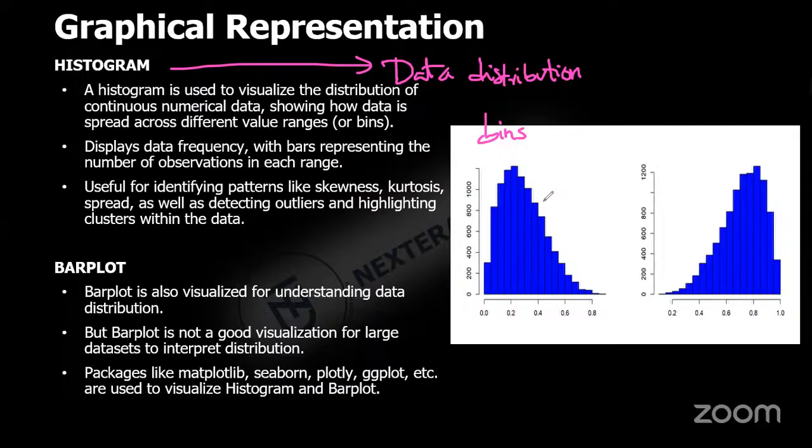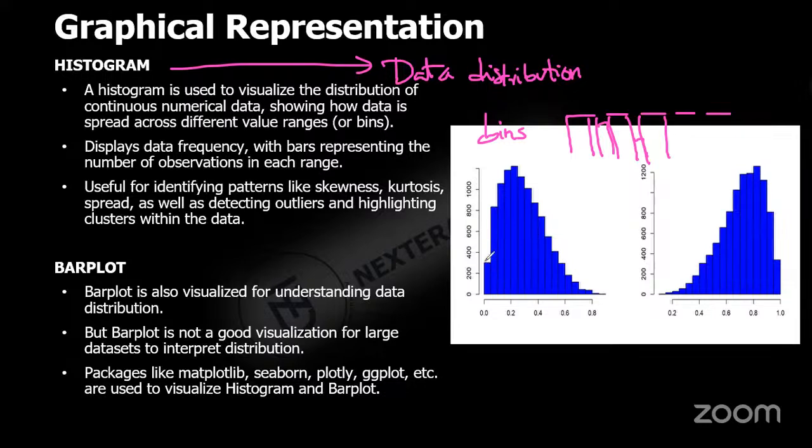What exactly happens is the data that we have will be converted into bins, groups. So you'll find bins, one next to the other. This is a histogram. But if you observe, how can I interpret the data distribution?